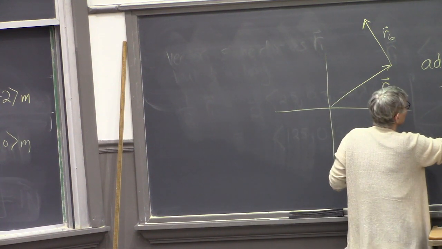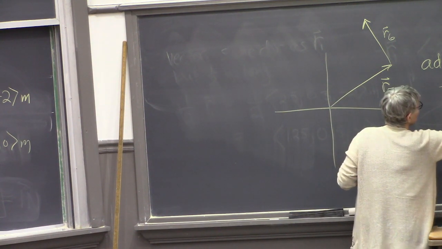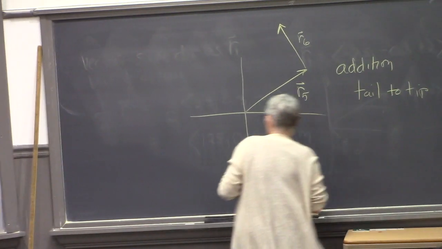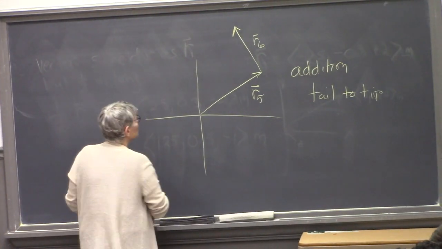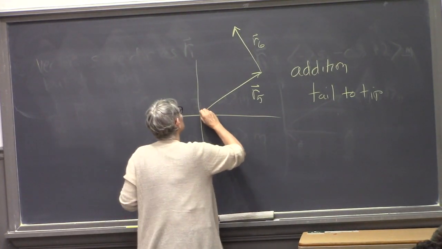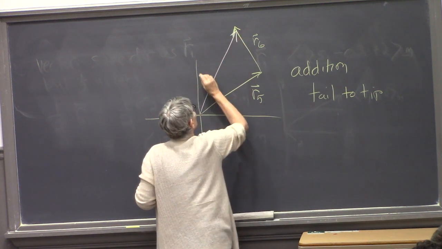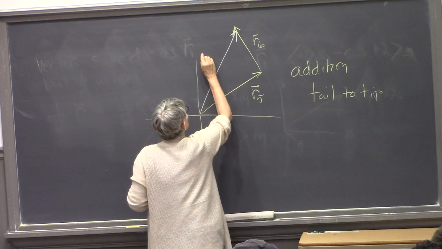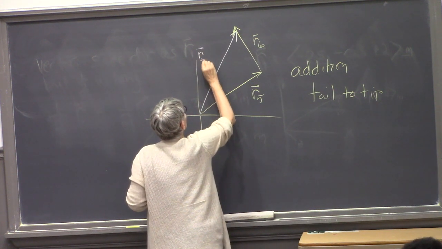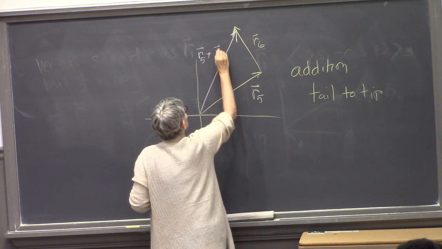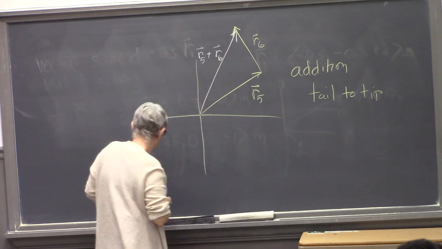So tail to tip. And what's the sum? Well, the sum is that vector. So this is R5 plus R6.